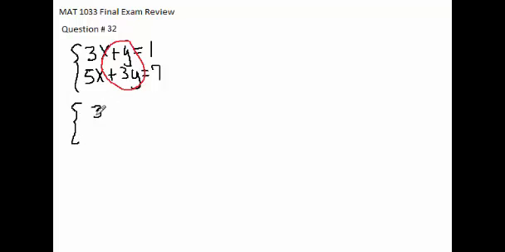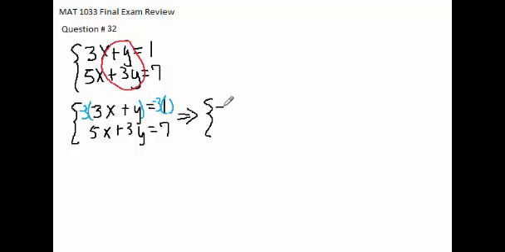Okay, so I've got 3x plus y equals 1 and 5x plus 3y equals 7. I'm going to multiply that top equation, both sides, by negative 3, and that gives me an equivalent equation of negative 9x minus 3y equals negative 3.